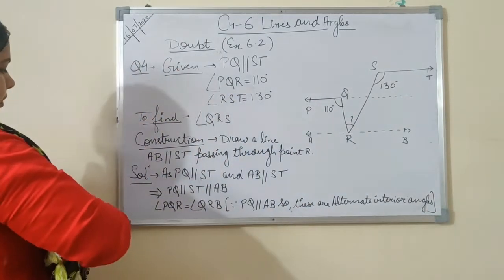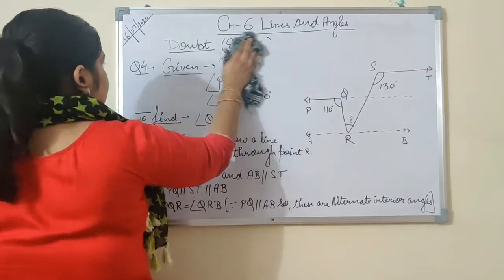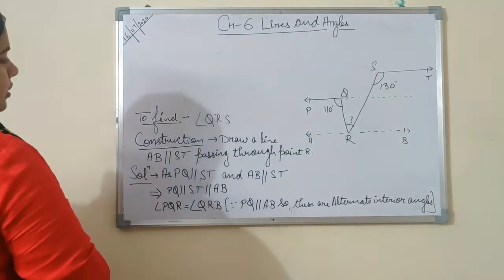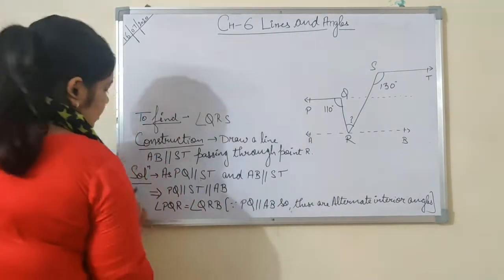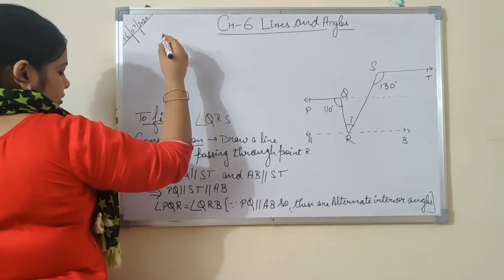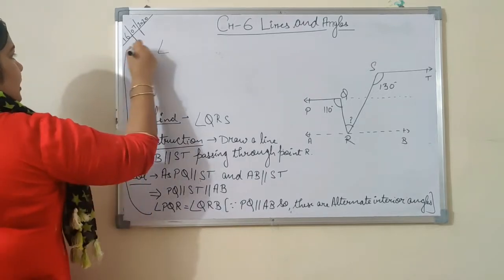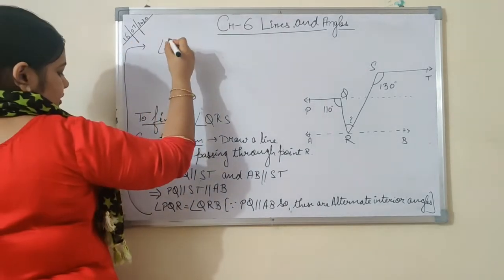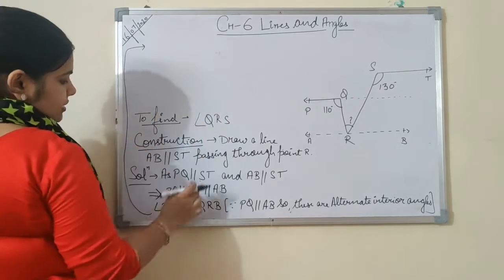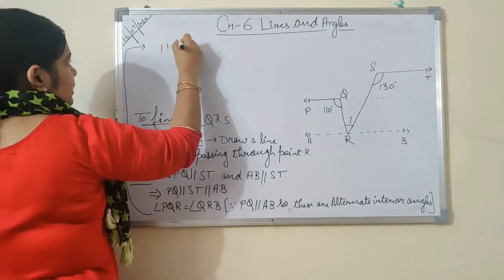Now I'm writing it here. I'm writing it above, marking it like this as I have no space over here. So in place of PQR, I can write 110 degrees.